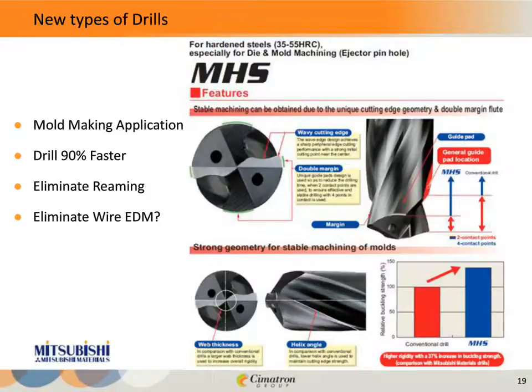Surely each application has its advantages and disadvantages, but the point is that with the technology we have today in drilling, probably it's worth at least asking the question, could we drill these rather than have them wire EDM?